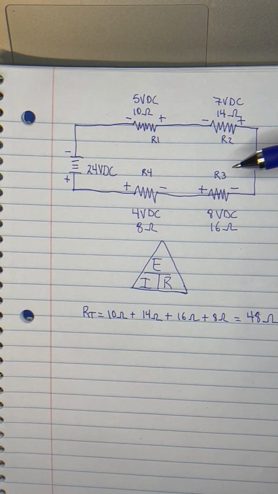The rules that can be used with Ohm's law for finding values of voltage, current, resistance, and power in any series circuit are: first, the current is the same at any point in the circuit. Second, the total resistance is the sum of the individual resistors. Third, the applied voltage is equal to the sum of the voltage drops across all the resistors.